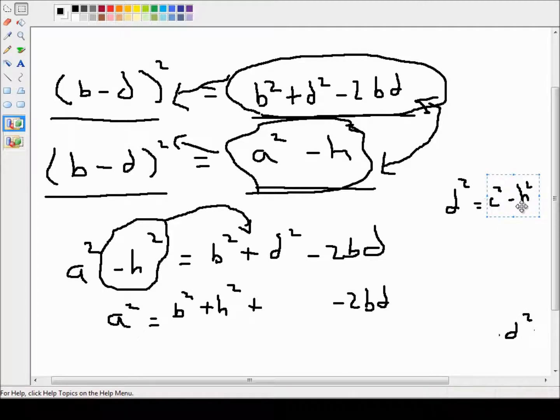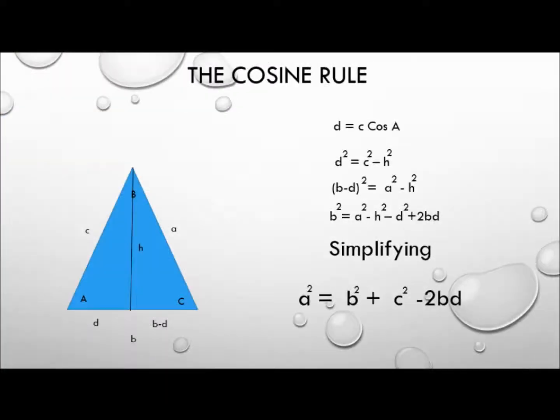So where we saw d squared, we can just substitute in c squared minus h squared. So what we get is a squared is equal to b squared plus h squared plus c squared minus h squared minus 2bd. Now those h squareds are going to cancel each other out, so we can simplify it to a squared is equal to b squared plus c squared minus 2bd, and we are laughing now.